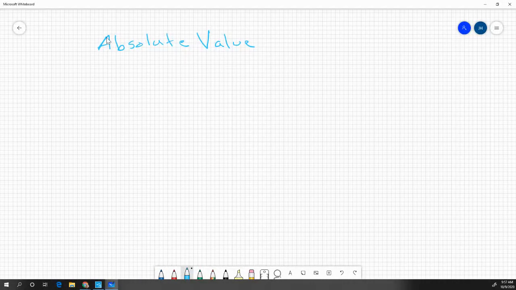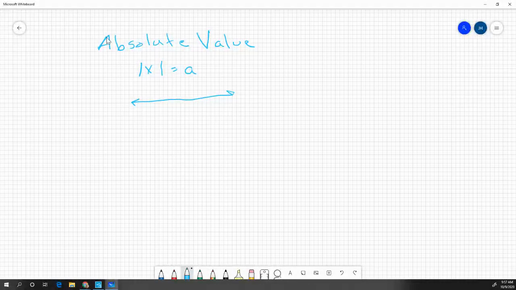But ultimately, what we're talking about with absolute values, so if I had the absolute value of x equals a, right? We're saying that we have a distance.